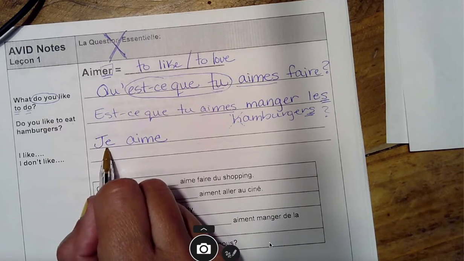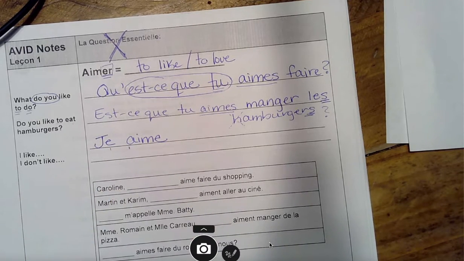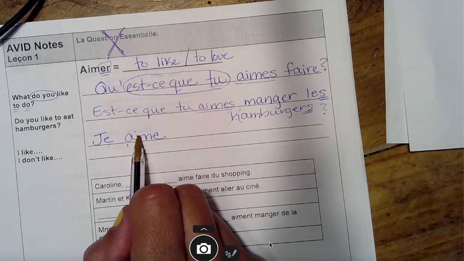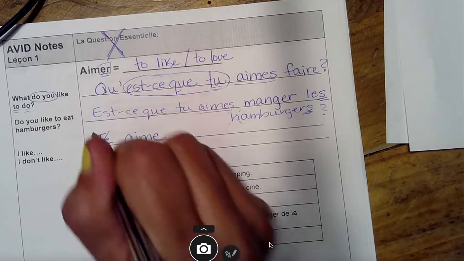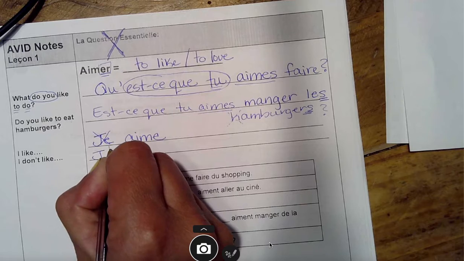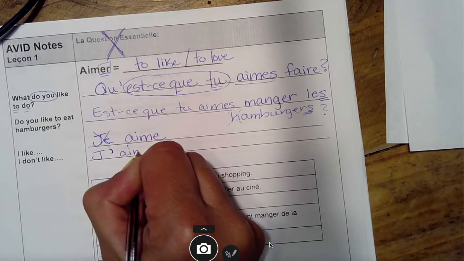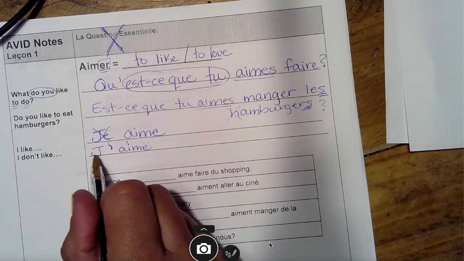Now, what else do you notice here and here? Vowel, vowel. So what we actually have to do is J apostrophe M. So it comes out as j'aime.